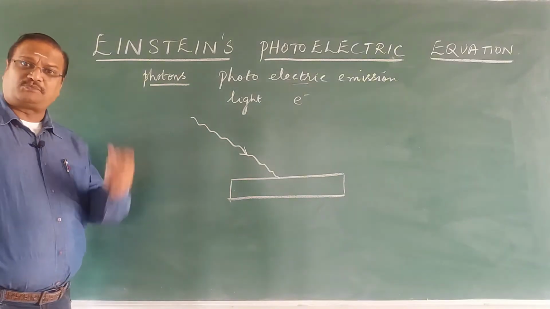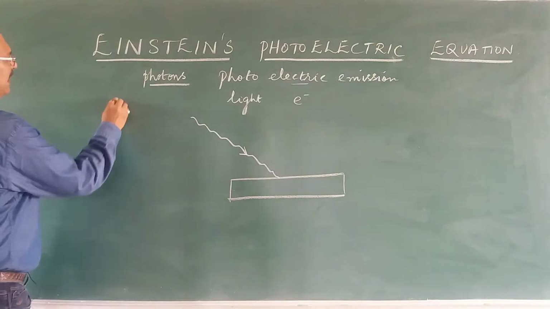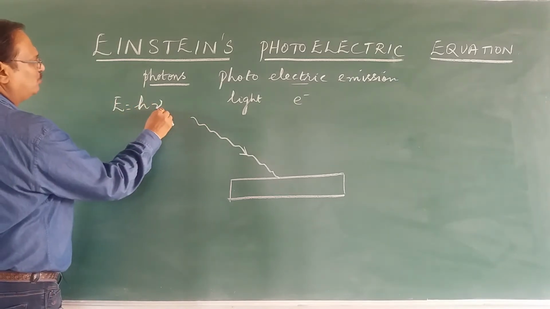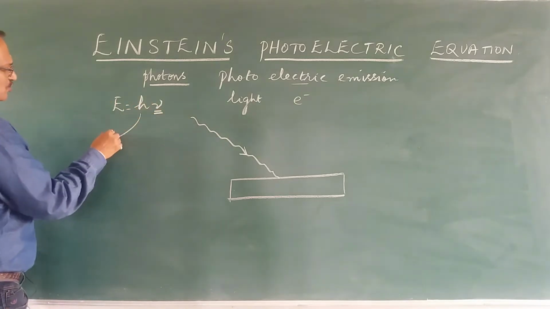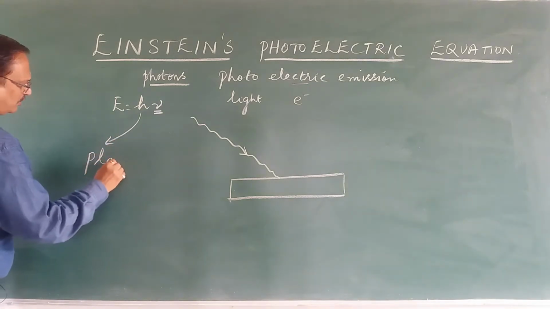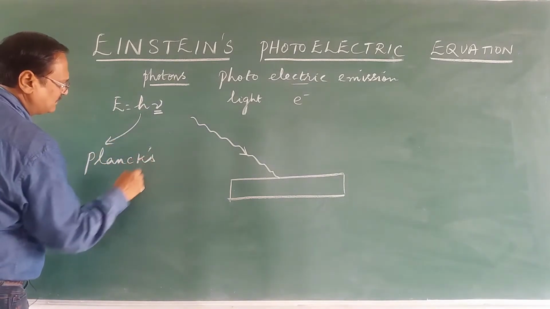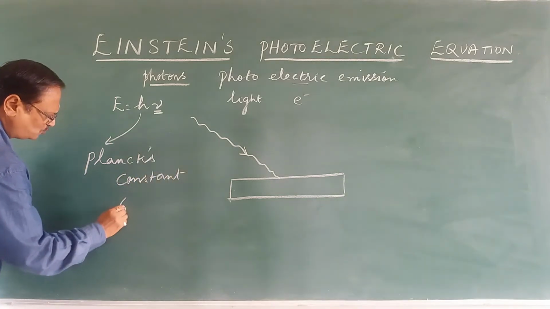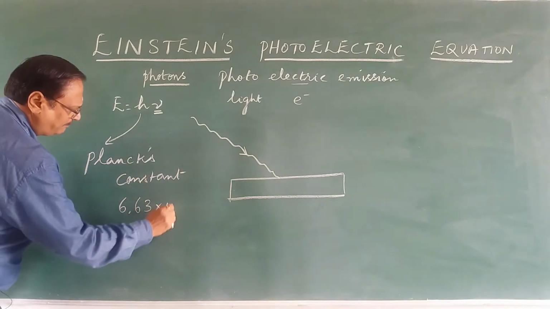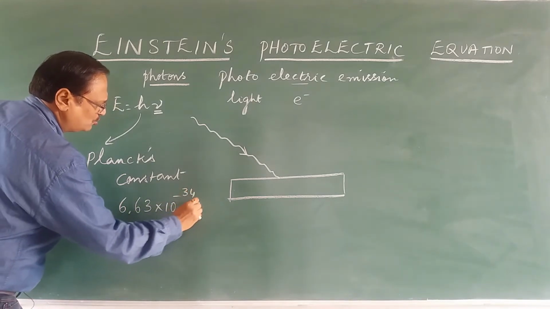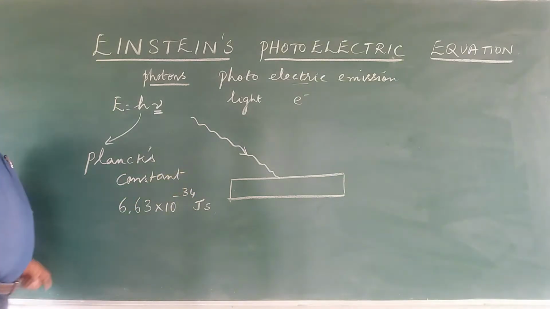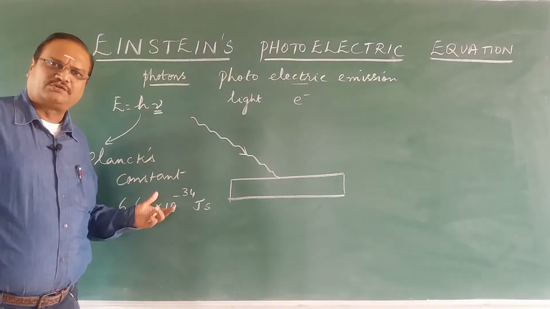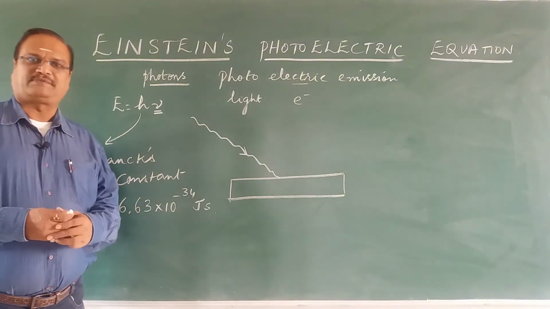Now what is the energy possessed by the photon? That energy is equal to h nu, where nu is the frequency and h is called Planck's constant. Its value is 6.63 into 10 power minus 34 joule second. You need not memorize this, it will be given to you in the examination.